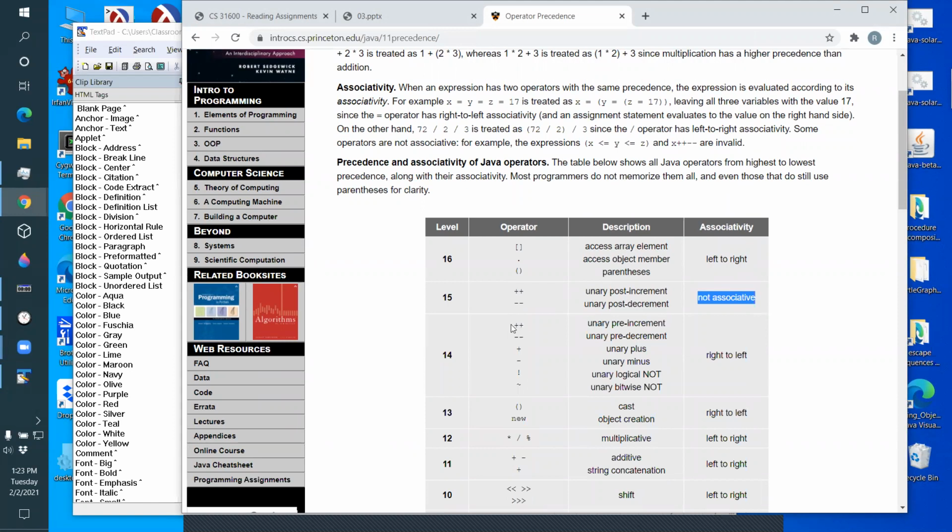Oh, the post increment is not associative. The pre-increment one, they say right to left. I'd have to think a little bit about how that one works. I've never thought of using the pre-increment operator as a right associative operator. I'd have to think about that one.